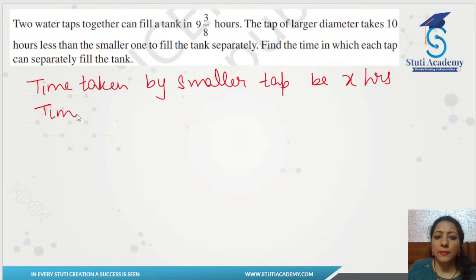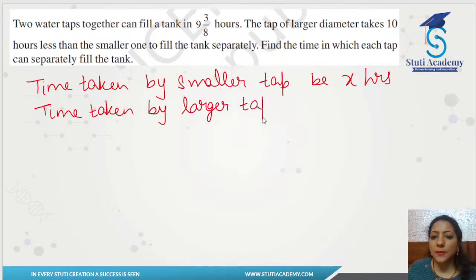So the time taken by the larger tap is how much? X minus 10 hours. The tap of the larger diameter takes 10 hours less than the smaller one. So x minus 10 hours.